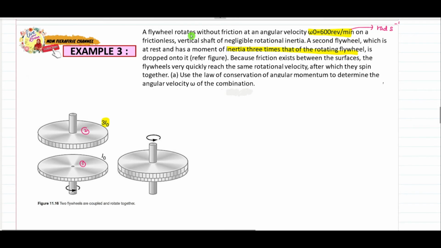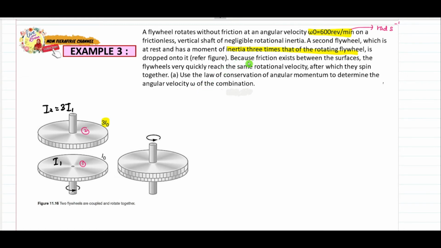Let us write it like this: I1, and this is I2, which is 3 times I1. Part A: use the law of conservation of angular momentum to determine the angular velocity omega of the combination.